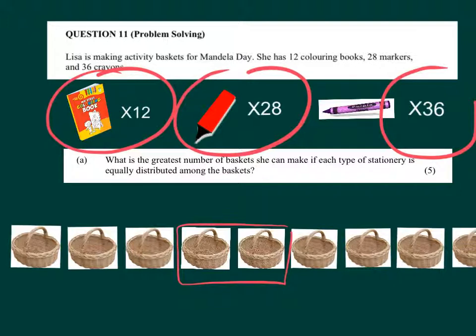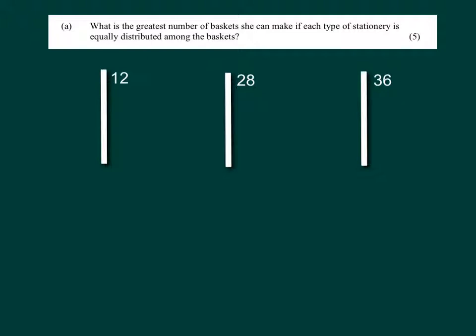We want the greatest amount of baskets. So let's work out the highest common factor using the ladder method. We learned that to use the ladder method, we need to ask ourselves what is the smallest prime number that goes into each, and then to find the highest common factor for all 3.